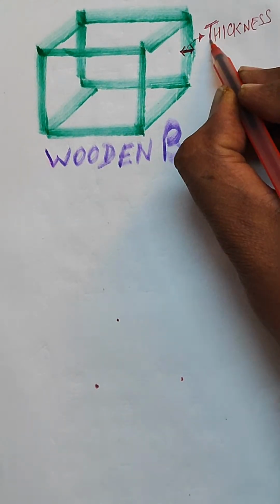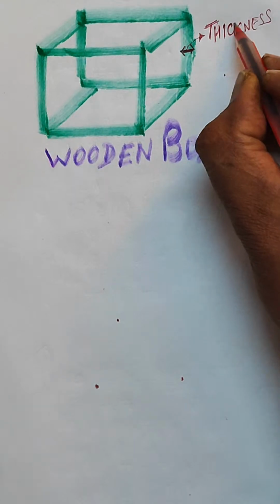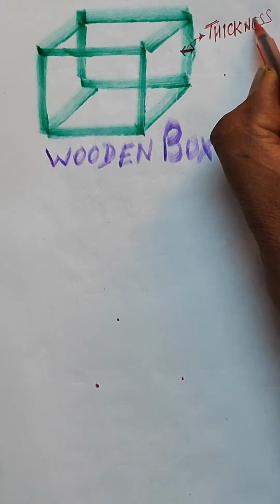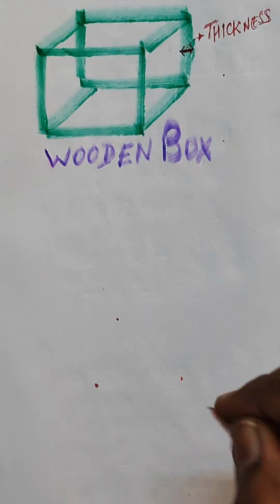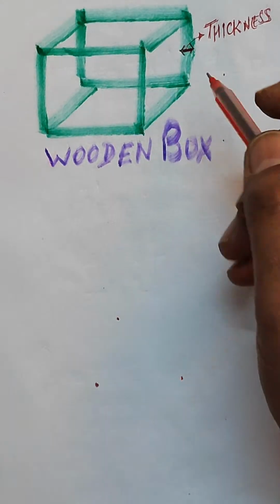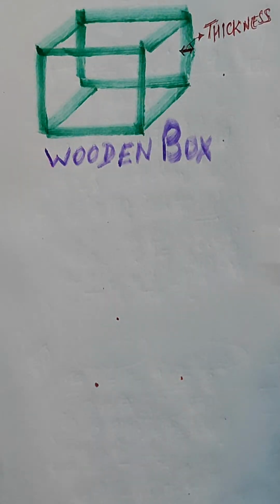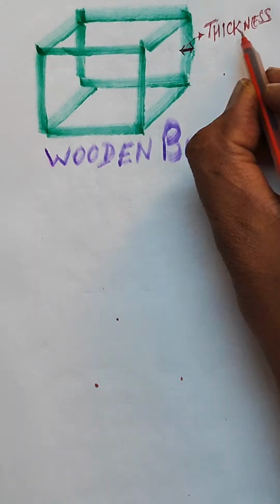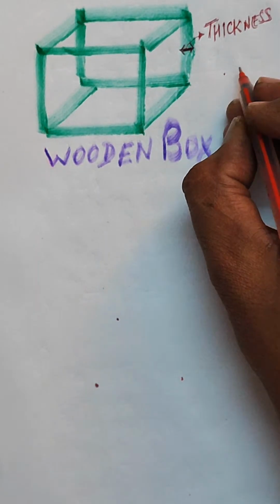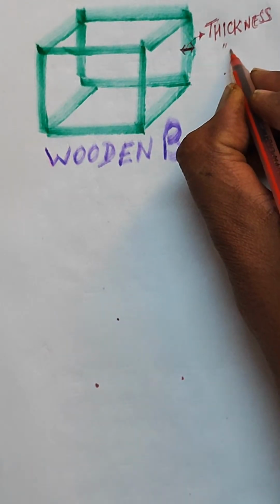So students, if this is the thickness of the wood, then it has been asked to find the volume of the wood used to make this closed box. And the thickness of the wood is given as 2.5 centimeter.